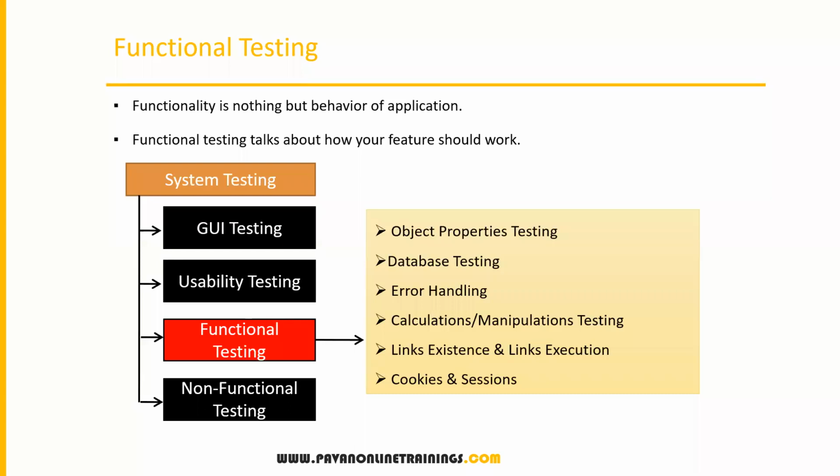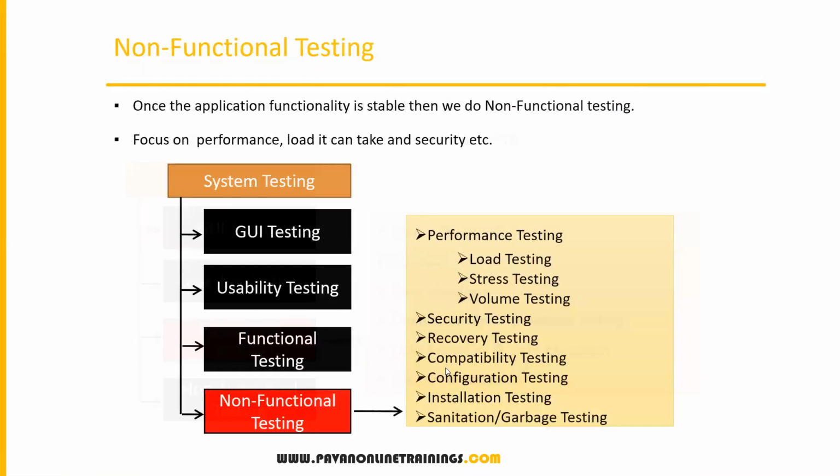Now let us quickly move on to another type of testing, non-functional testing. So far, we have seen functional testing. What is functional testing? The main focus of functional testing is the behavior of the application: what the requirement is, and whether, according to the customer requirement, our application is working or not.